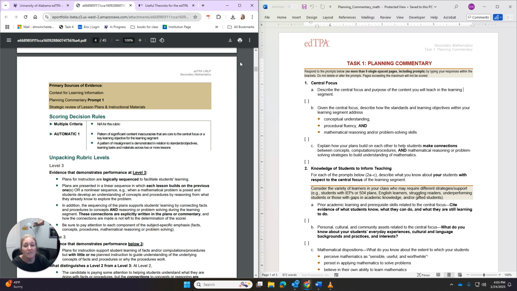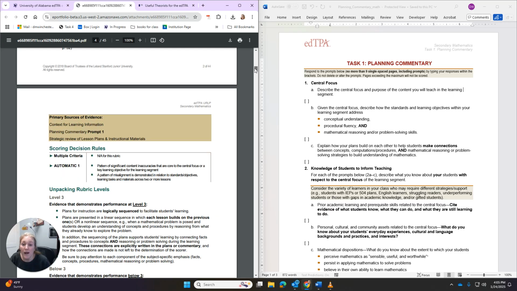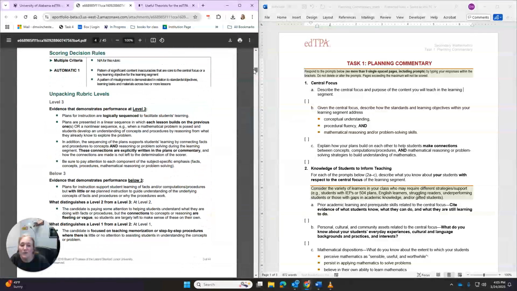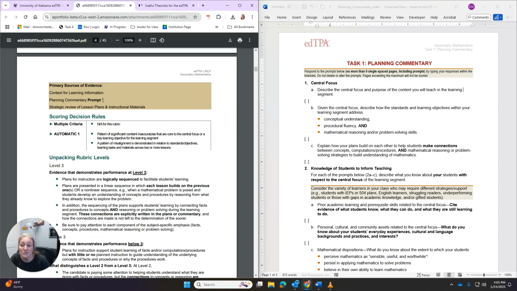And you already should have made a little bit of a cheat sheet for yourself where you have each rubric aligned with where the scorer is looking for that evidence. So for rubric 1, which is the planning for understanding, the primary evidence is going to come from prompt 1 right here.